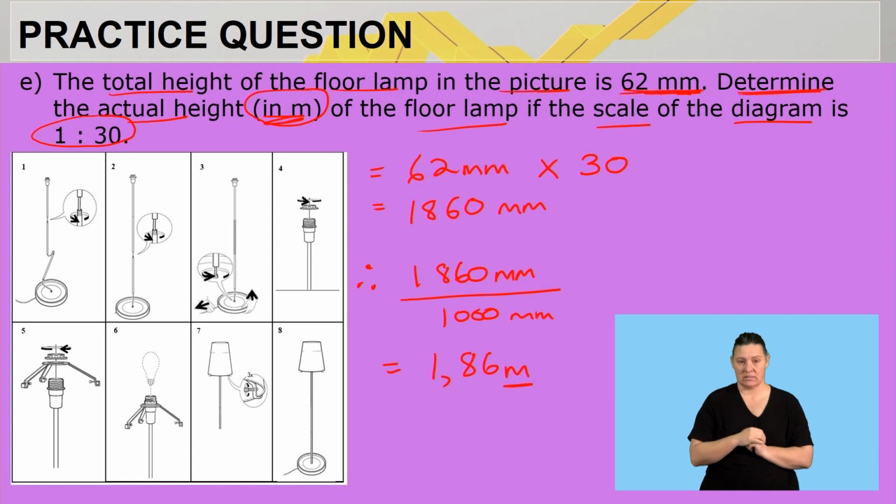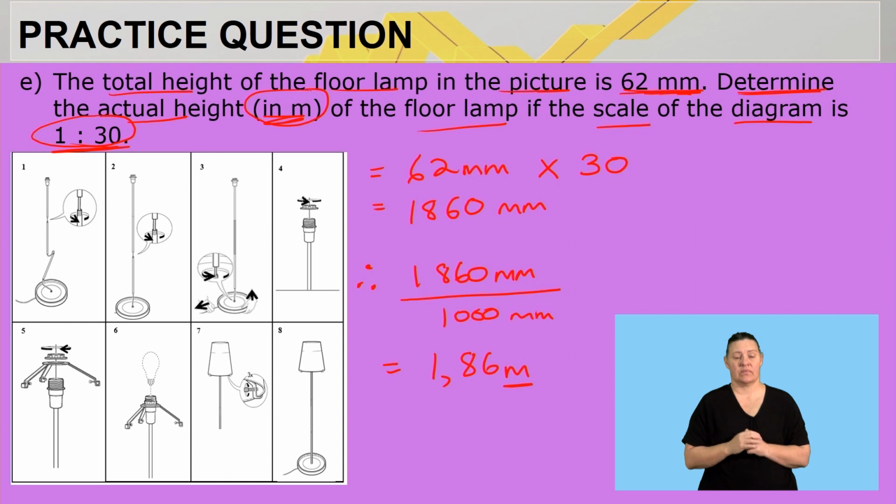Guys, let me run through this one quick with you again. The total height of the floor lamp in the picture is 62 millimeters. We would like to know the actual height, in meters, of the same floor lamp if the scale of the diagram is 1:30. That 1:30 simply means that 1 unit on this diagram represents 30 units in reality.